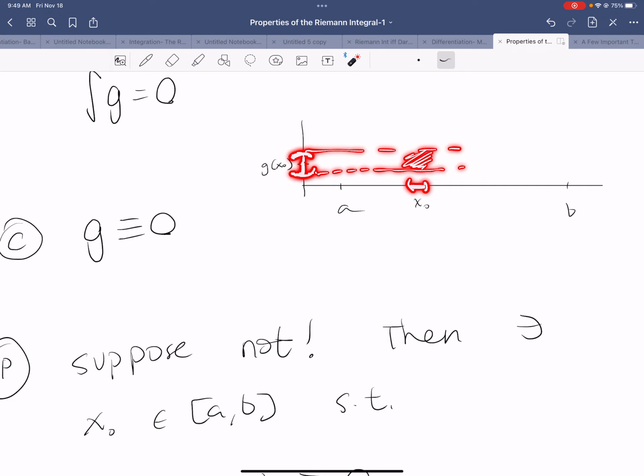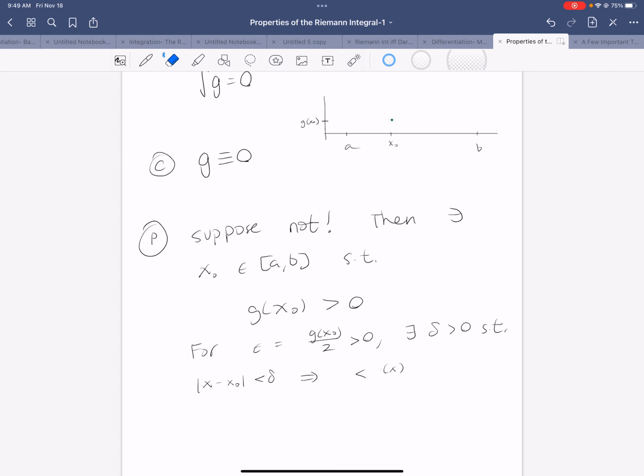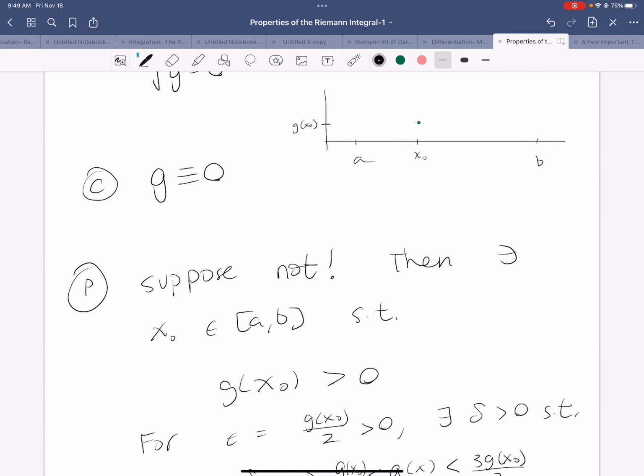So for epsilon equals g of x naught over 2, which is positive, there exists a delta greater than 0 such that when x is within delta units of x naught, g of x is bigger than g of x naught over 2, and smaller than 3 times g of x naught over 2. So we'll have g of x naught over 2 and 3 g of x naught over 2. That's just based on my epsilon that I chose.